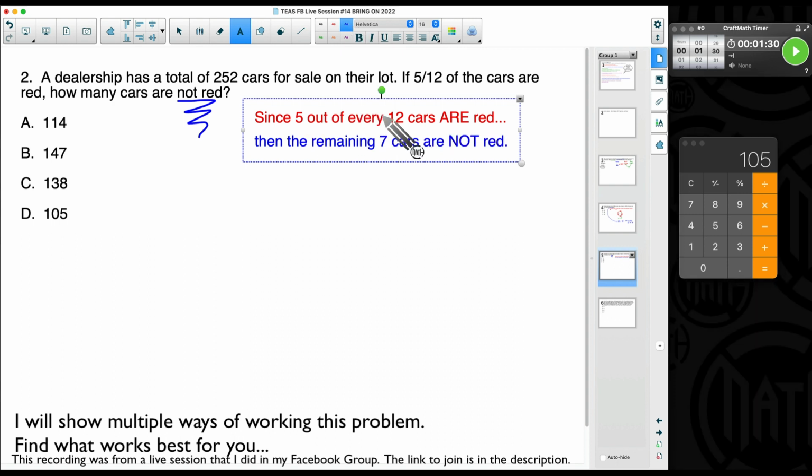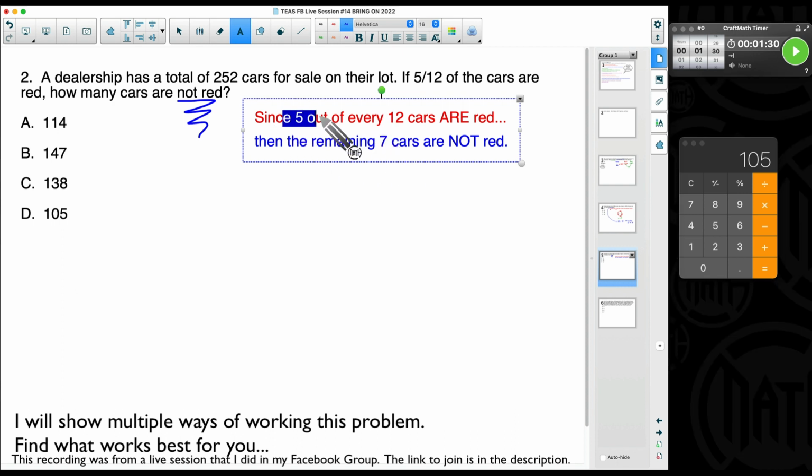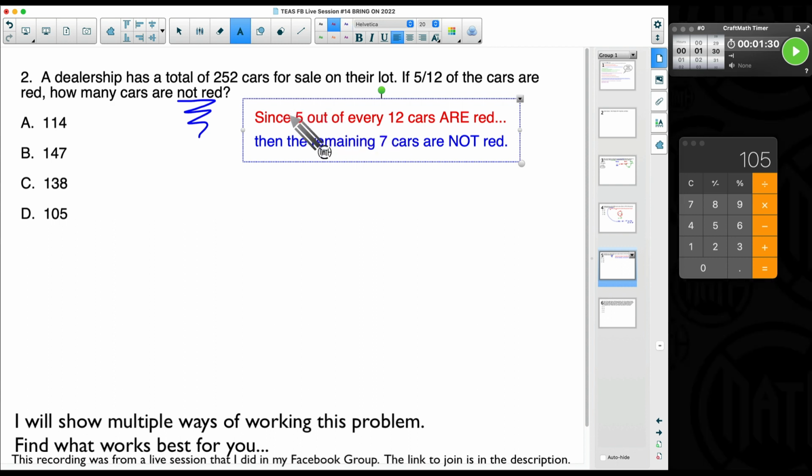Those other 7 cars make a total of 12, since 5 plus 7 is 12. If 5 of them out of 12 are red, the other 7 are not red.